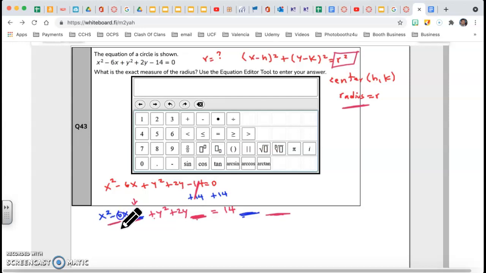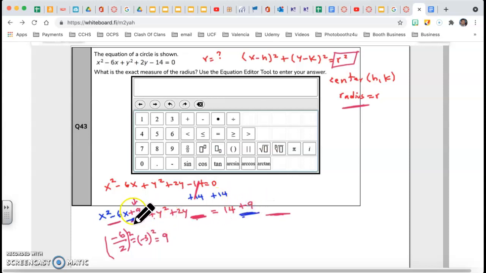I take the number in front of the x, which is negative 6, and the process is always the same: I divide it by 2 and raise it to the second power. Negative 6 divided by 2 is negative 3, to the second power is negative 3 times negative 3, which gives me 9. That means this blank is 9 here and 9 here.